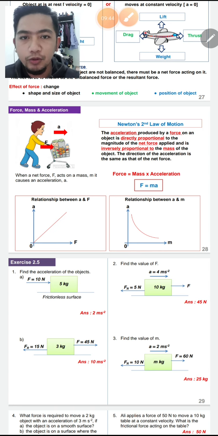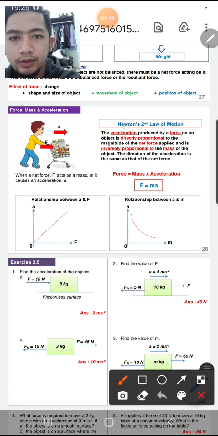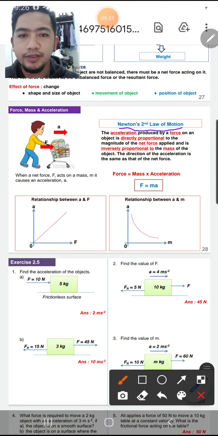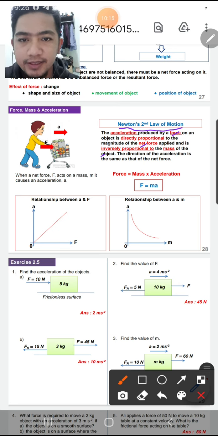So according to the Newton's second law of motion, this one, you need to remember this one. Okay, Newton's second law of motion: the acceleration produced by a force on an object is directly proportional to the magnitude of the net force applied and inversely proportional to the mass of the object. The direction of the acceleration is the same as that of the net force.